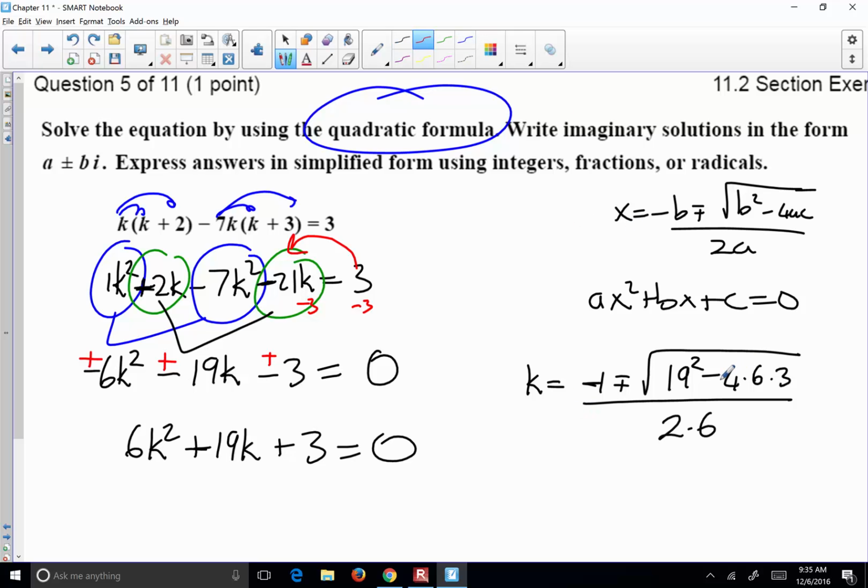Okay, minus 4, 6, 3 makes 72, minus 72. 19 squared makes 361, is that so? 361. This is 361. This is minus 72, a triple quantity. When I subtract, it is 289.